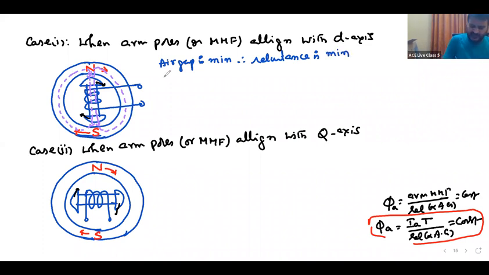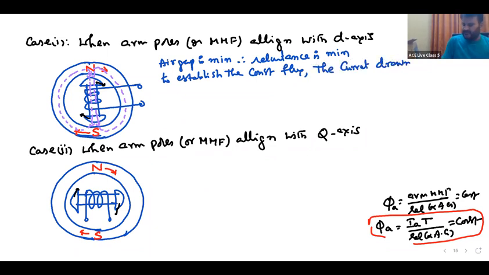So to establish the constant flux, the current drawn from the supply is minimum.